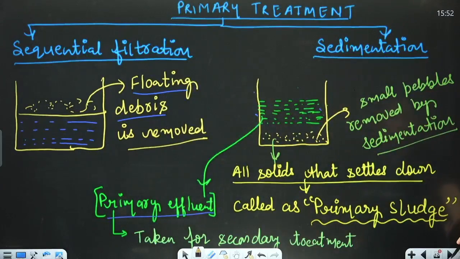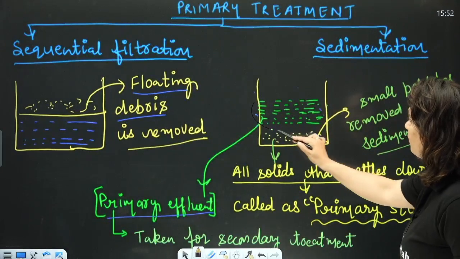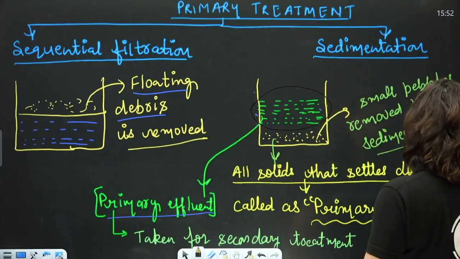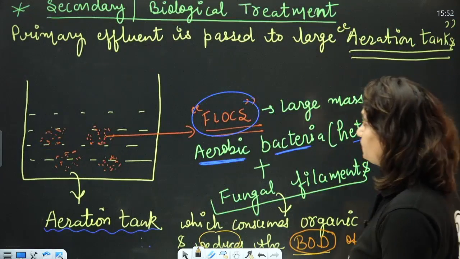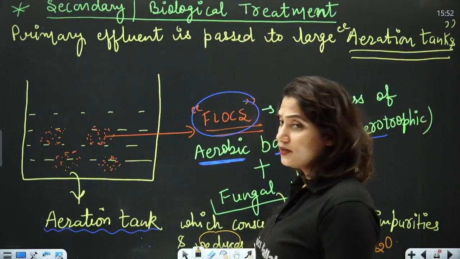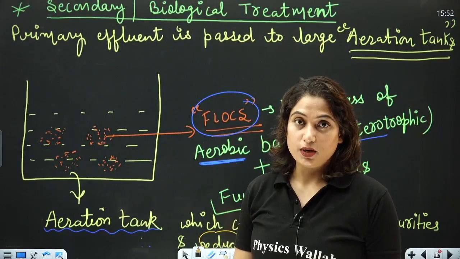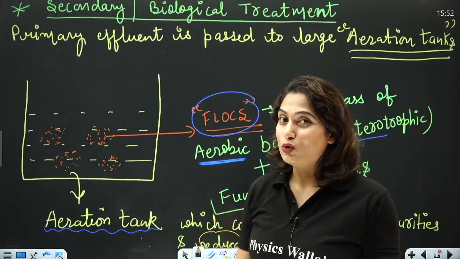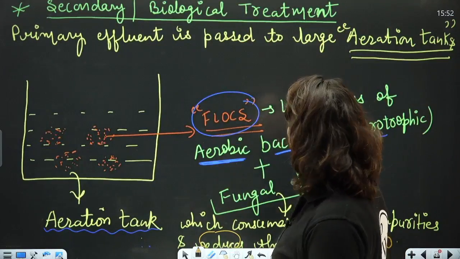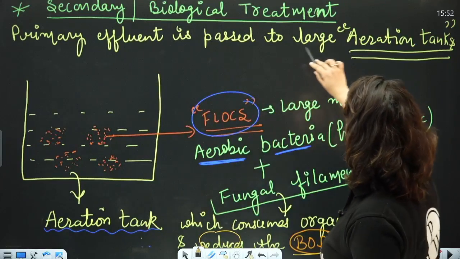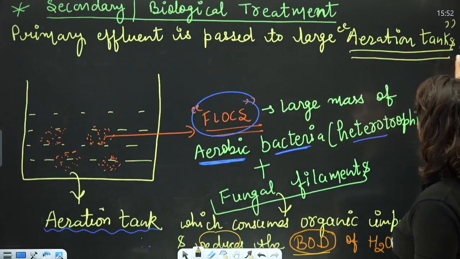Okay, so now this primary effluent will go into the secondary treatment. Secondary treatment is called the biological treatment, where we are going to use the microbes, the bacteria, right? The primary effluent is passed to large aeration tanks.